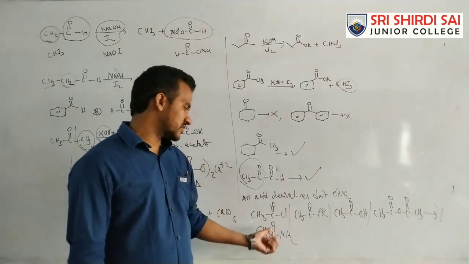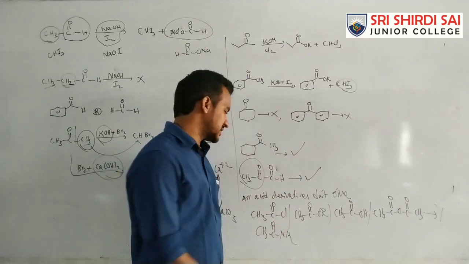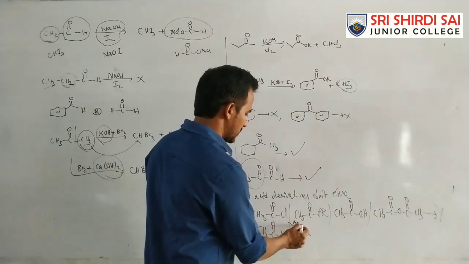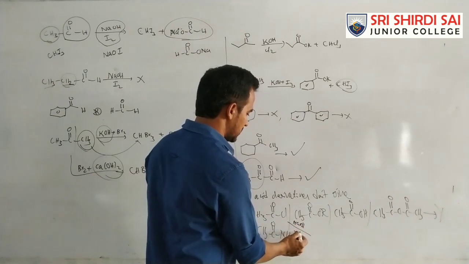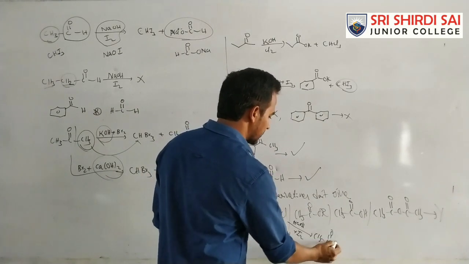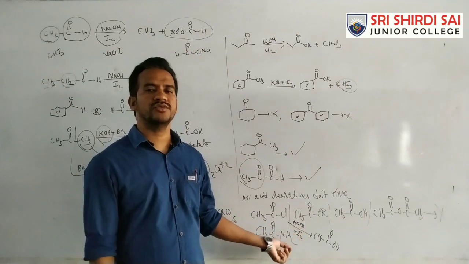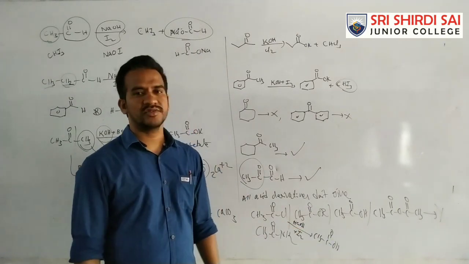Because here, suppose CH3COCl reacts with NaOH plus I2, what is the product? Just carboxylic acid is the product, because the Cl- nucleophile is replaced by the OH- nucleophile.